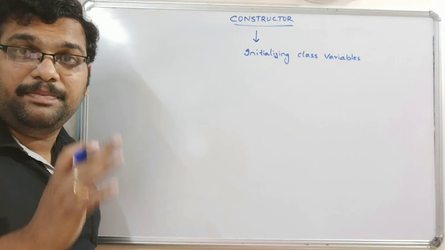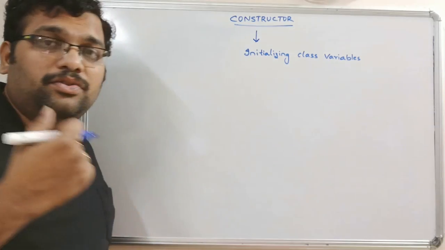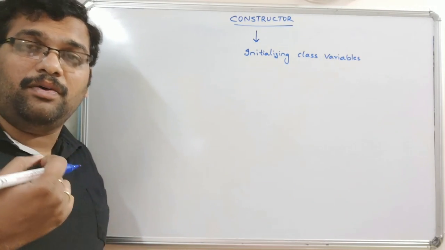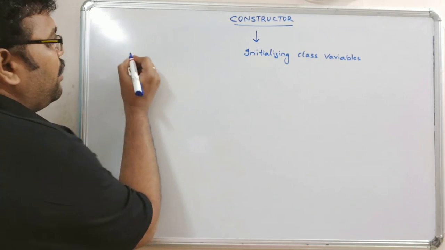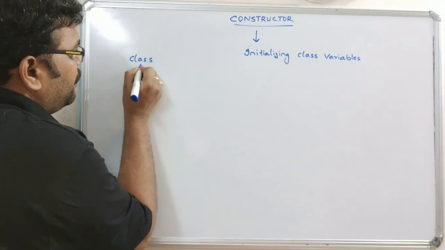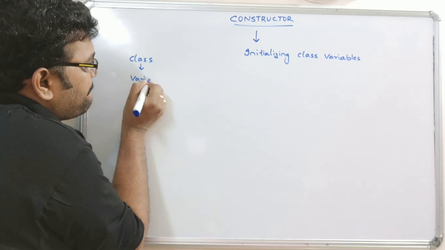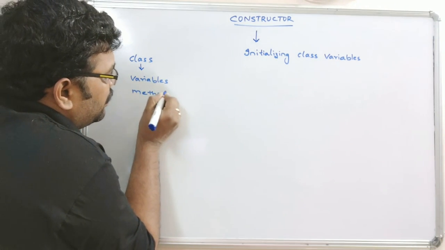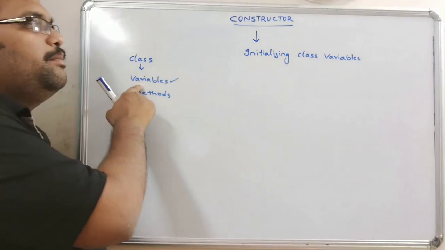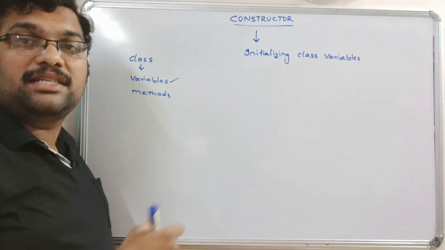We know that in the previous sessions we have seen what is meant by a class and what are the elements that can be present in this class. So class can have the variables and the methods, right? So in order to initialize these variables we have to use this constructor.